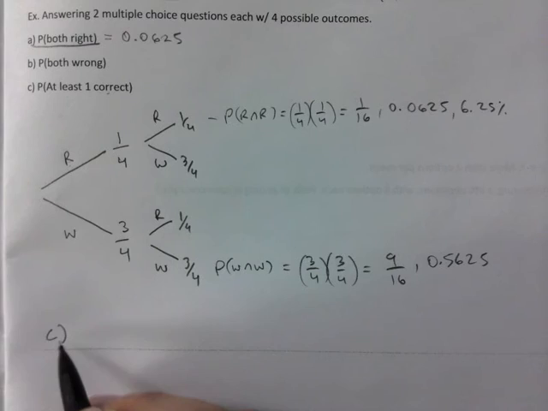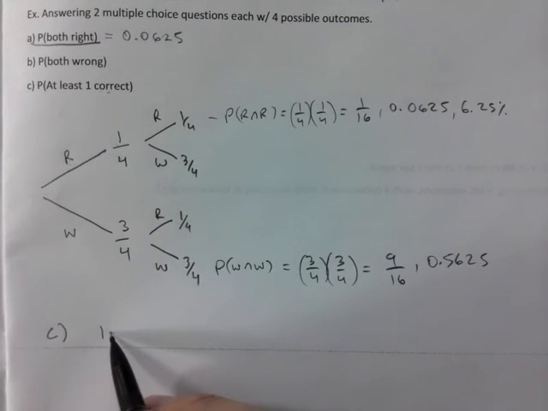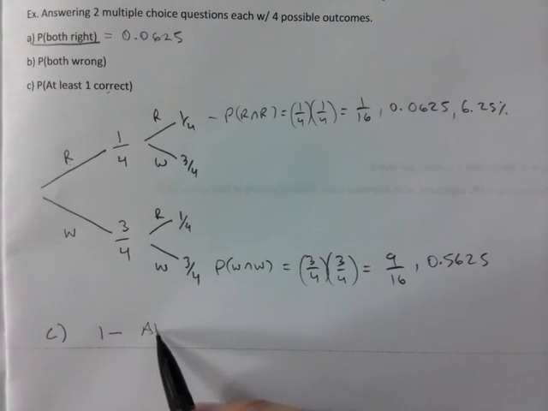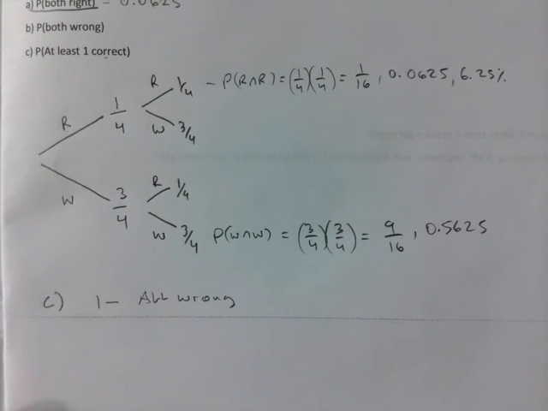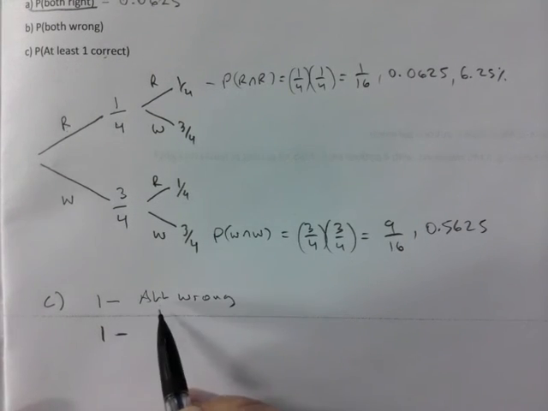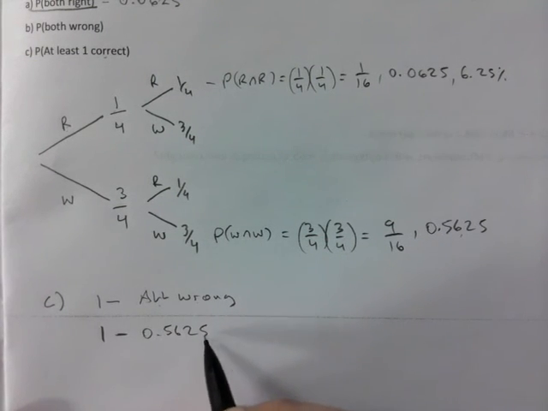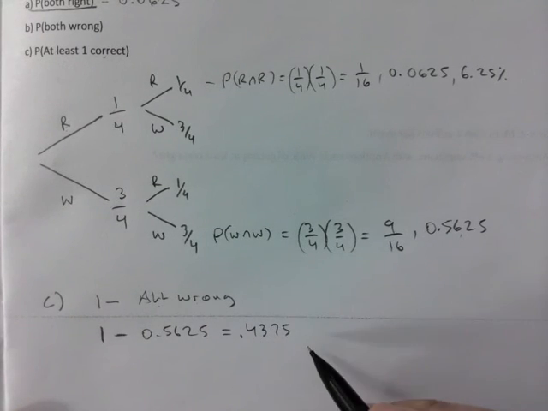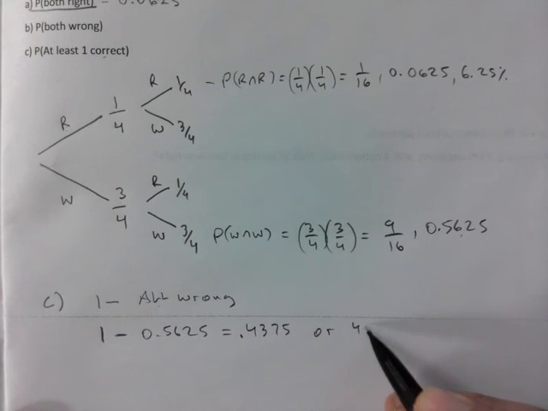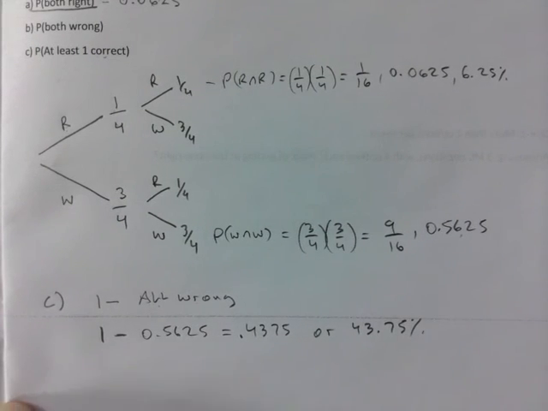Ooh, I know. You told us to go 1 minus all wrong. Correct? If it's at least one correct answer you're looking for, you're going to go 100% minus getting them all wrong, which is right here. And quite often, that's how questions will be, where you can use previous answers to help you out, right? Or 43.75% of getting at least one answer right.